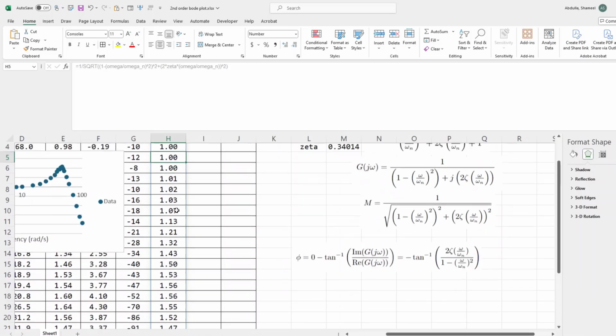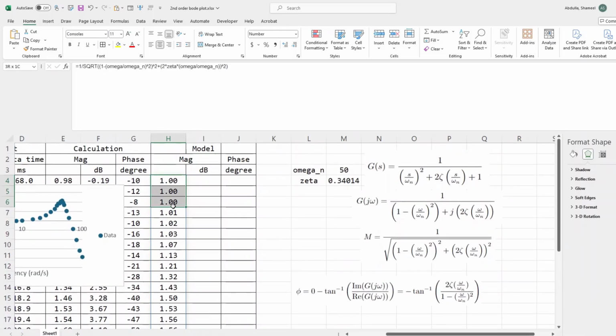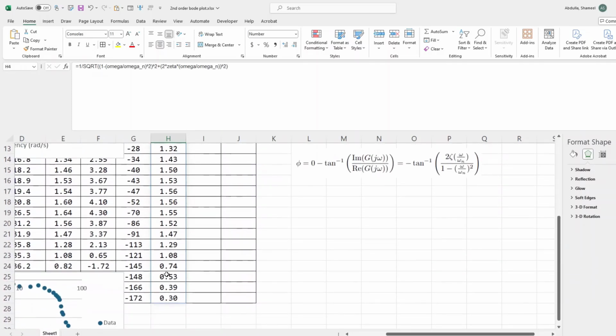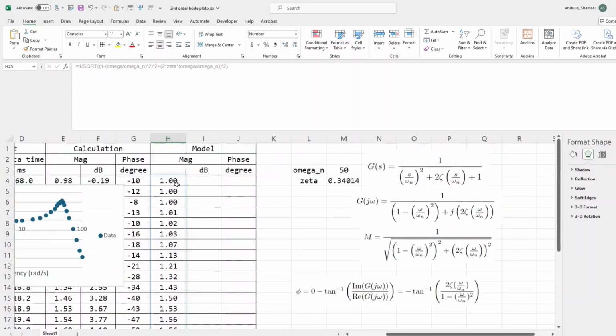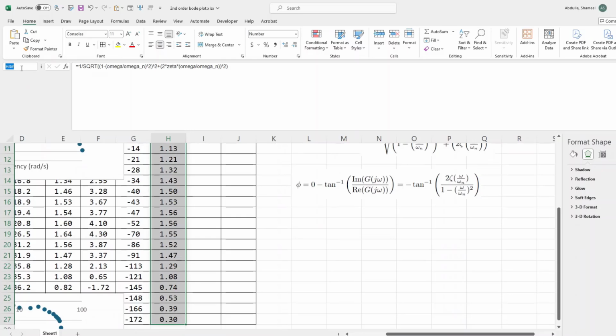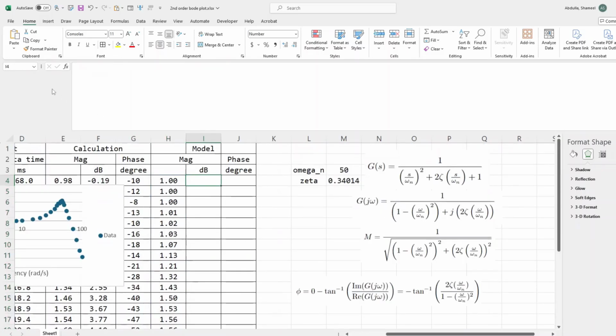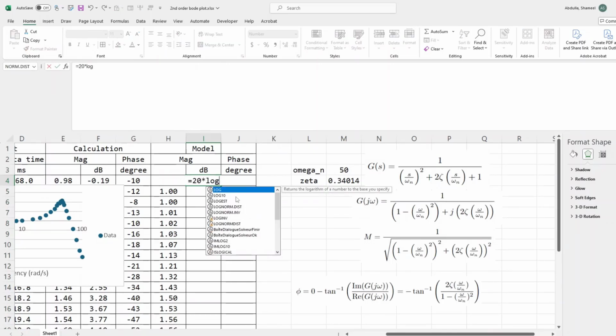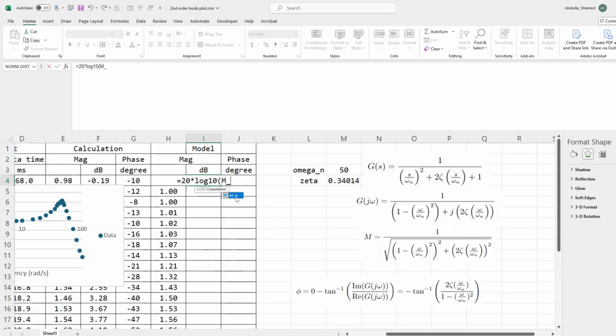That's our magnitude. It should be 1 in the beginning, and then it should start dropping to 0 towards the end. And in dB it is equal to 20 times log 10 of the magnitude of the model, m underscore m.